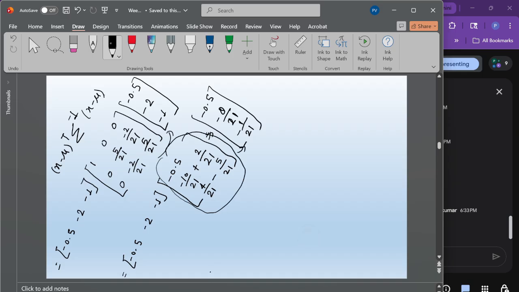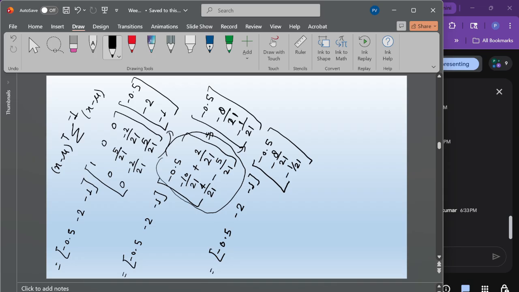Now we need to multiply these two matrices. I'm writing the final: minus 0.5, minus 2, minus 1, multiplied by minus 0.5, minus 8 by 21, minus 1 by 21, right?